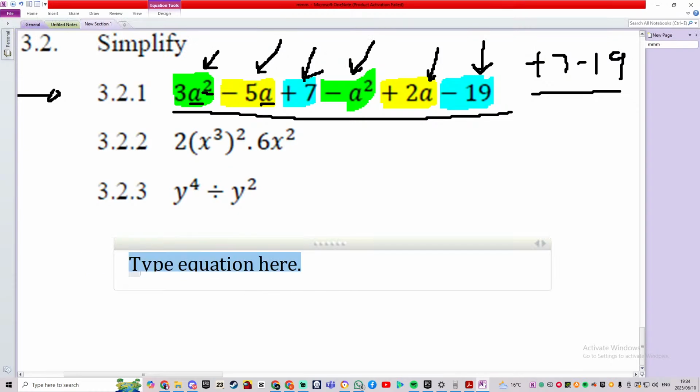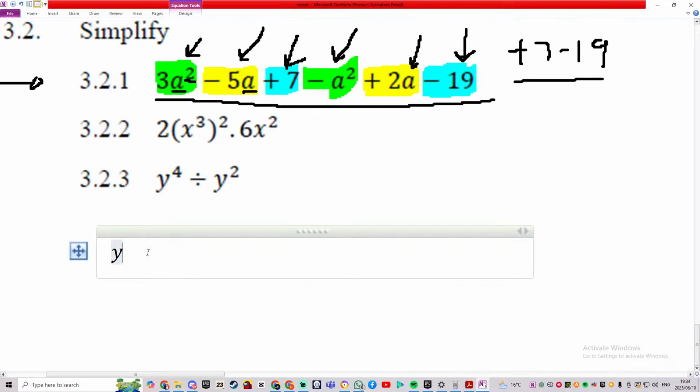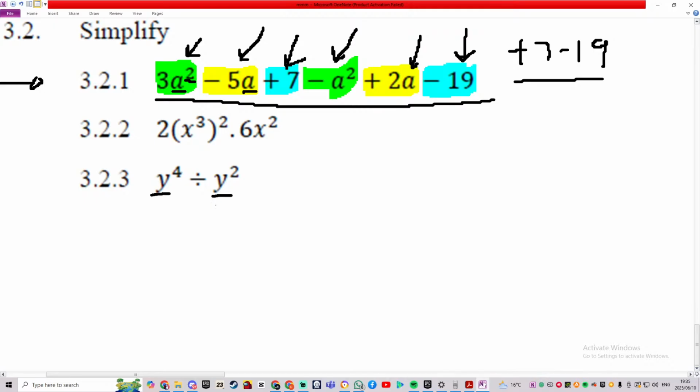Okay, now we have y to the power 4 divided by y to the power of 2. We are dividing. We ask ourselves a few questions now. This is a letter, that's the same letter, and we are dividing.